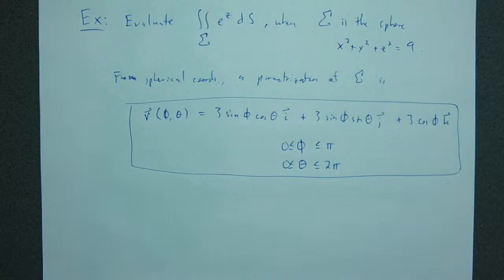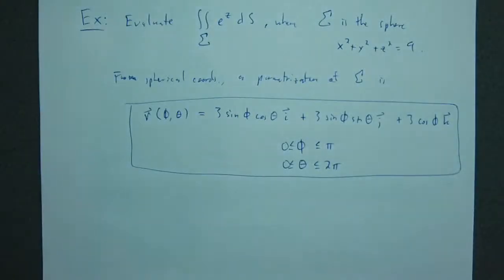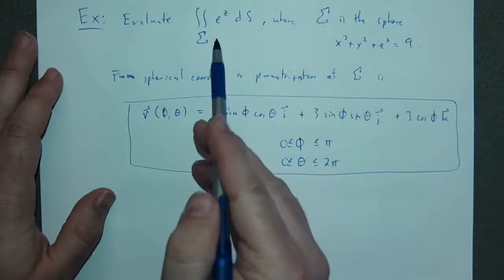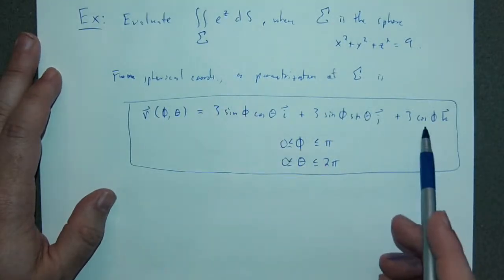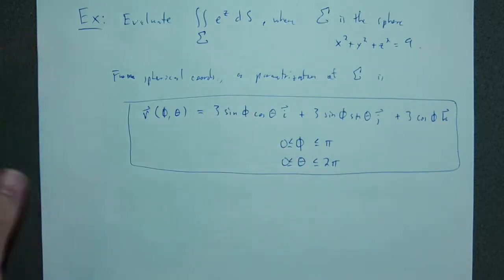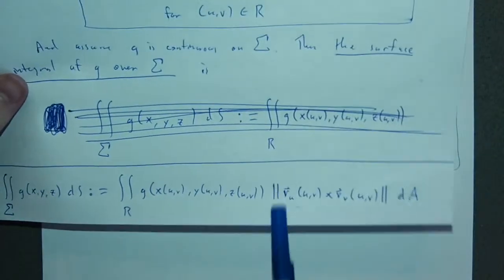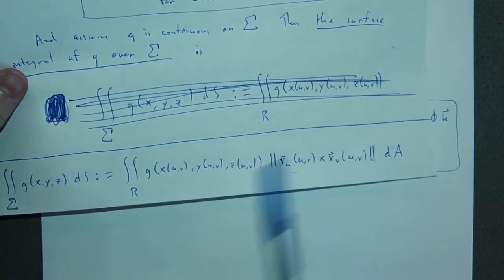I need to plug the parameterization into G. That's going to be simple enough here because our G is e to the z. So this is ultimately going to be e to the 3 cosine phi showing up from that. But I also need to compute this bad quantity, which is typically the worst part of these problems.